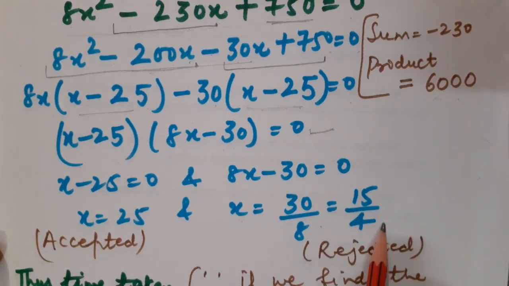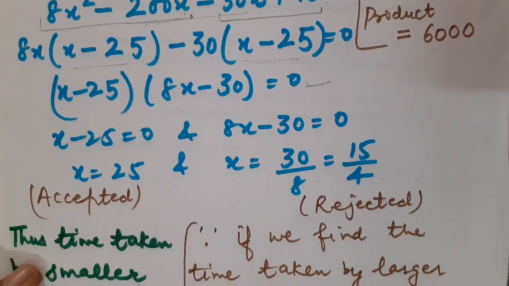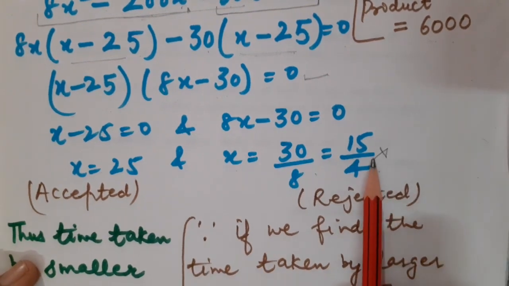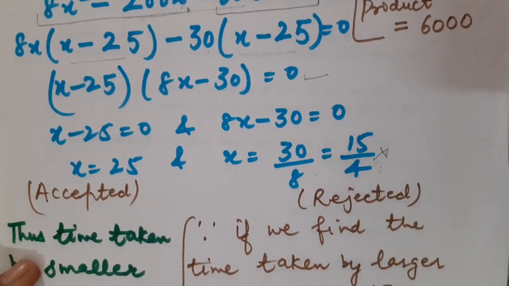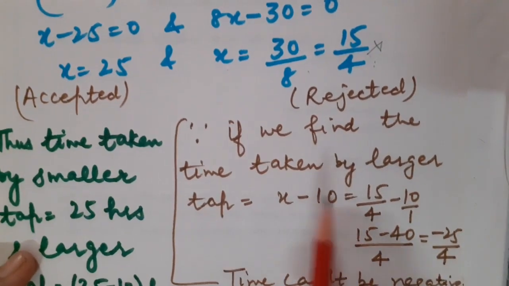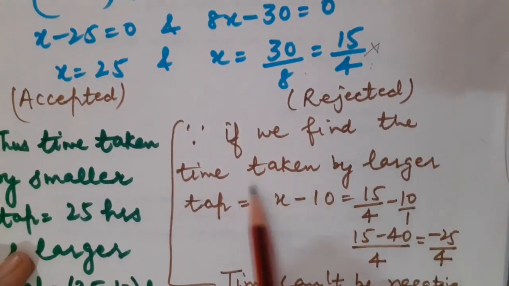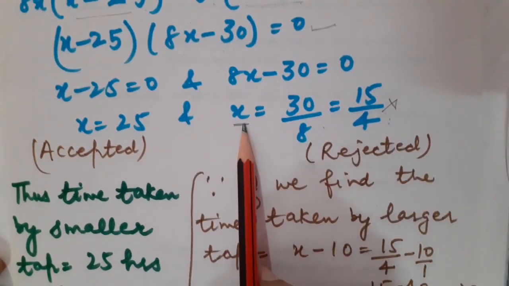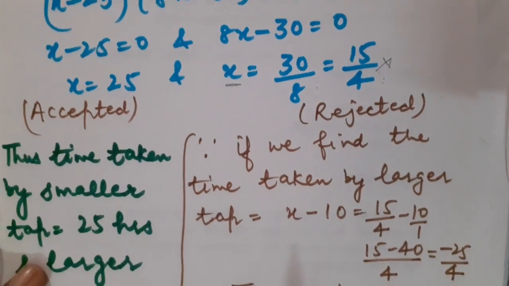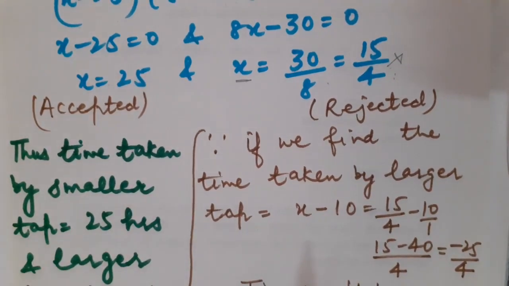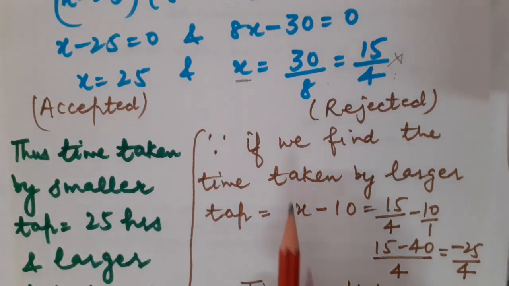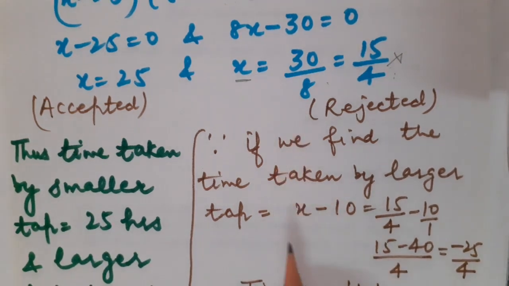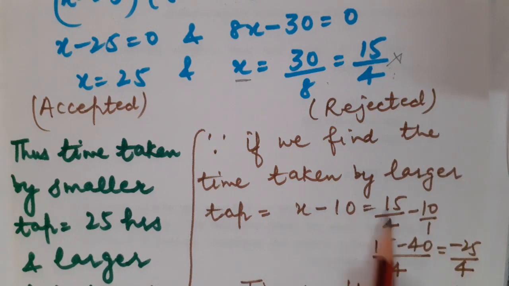Fine. Now, this value will be considered as a rejected one. What is the reason behind it? See, here I have written the reason. Suppose we find the time taken by the larger tap, because this x is the time taken by the smaller tap to fill the tank. Now definitely, because the time of both the taps separately is demanded in the question, if you have found the time taken by the smaller tap, you have to find out the time taken by the larger tap as well.